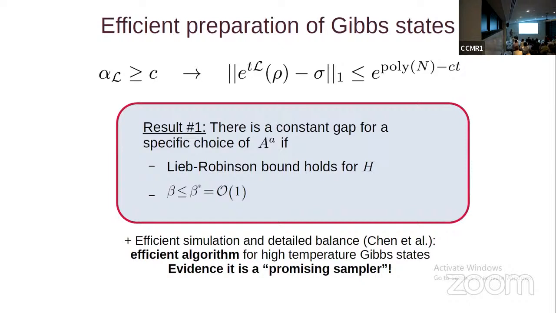Now, you might interject and say, oh, great, but high temperature, this is the kind of stuff I can do with my tensor networks or whatever other classical simulation method. Who cares? I wouldn't want to see this as an application of quantum computing. And I agree. But why do I think it's still important? Well, because you could say the same thing about classical samplers, right?